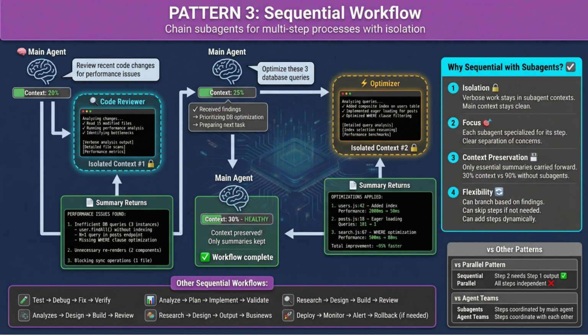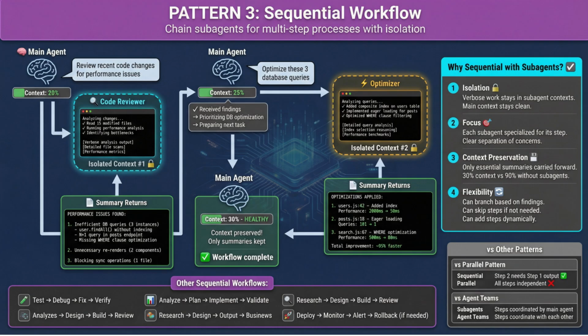Next, you delegate to an optimizer subagent with the task of optimizing those queries. The optimizer analyzes them, implements more efficient versions using proper indexing and query structure, and returns the optimized code. Your main conversation receives the changes and can proceed.